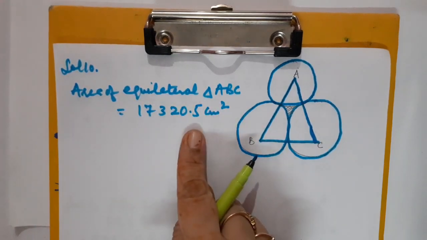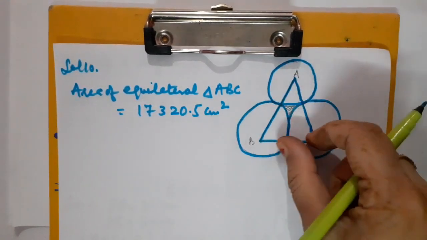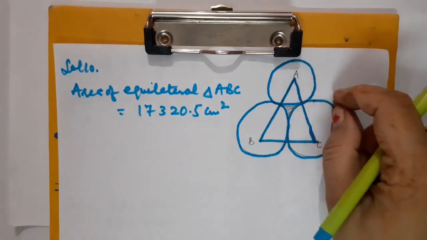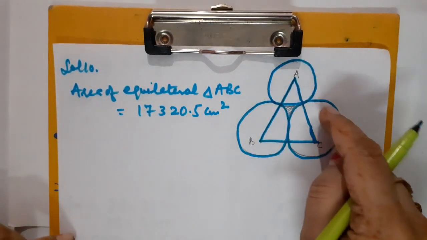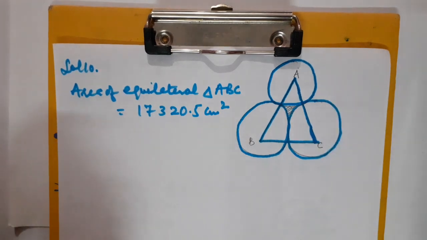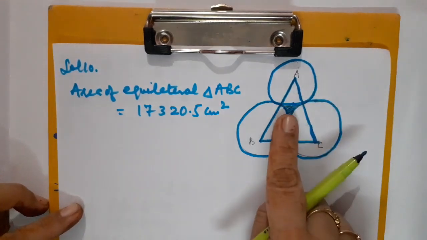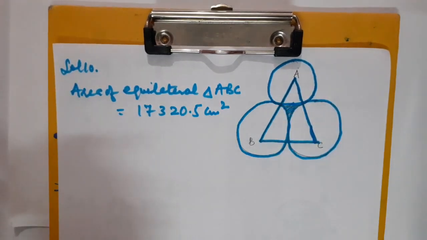So first of all, we have to calculate its side, so that after halving it, we can calculate the radius of each and every circle. Correct, children? Okay. And here we are supposed to calculate the area of the shaded region. Children, you can see that this region is the shaded region. Fine. So let us start it now.